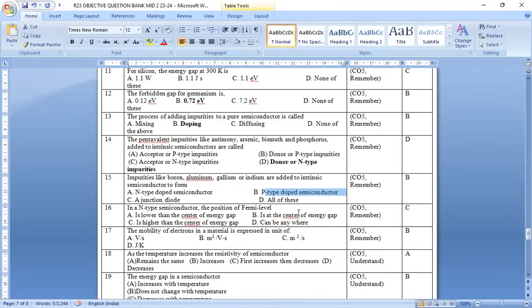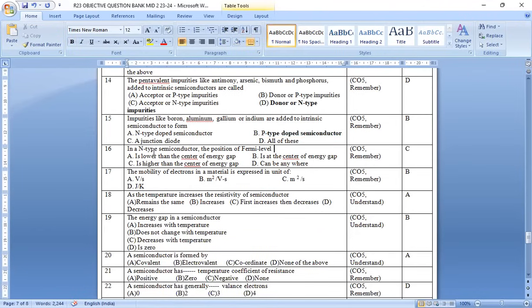Option B is the correct answer. In N-type semiconductor, the position of the Fermi level is option C, near to the conduction band. Yes. Option C is the right answer.